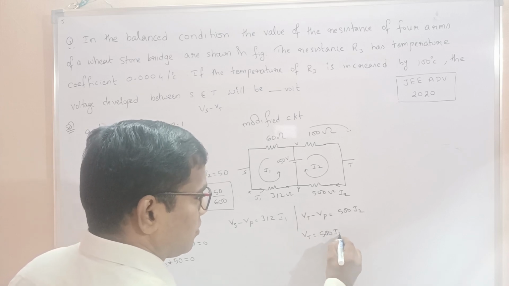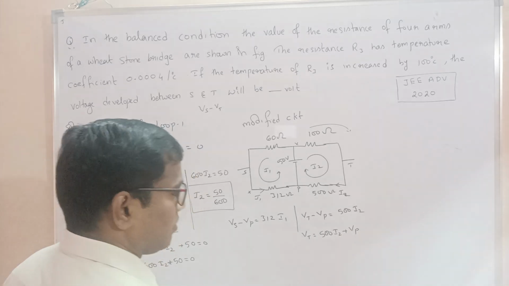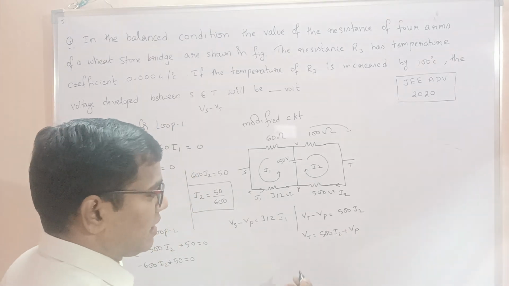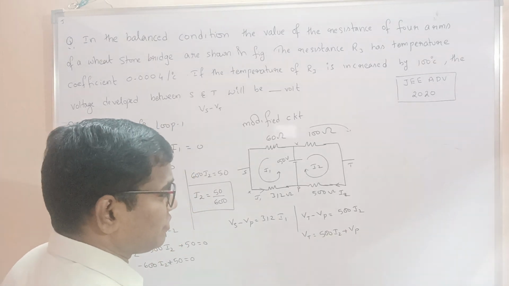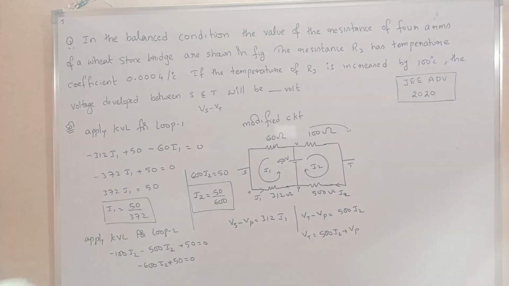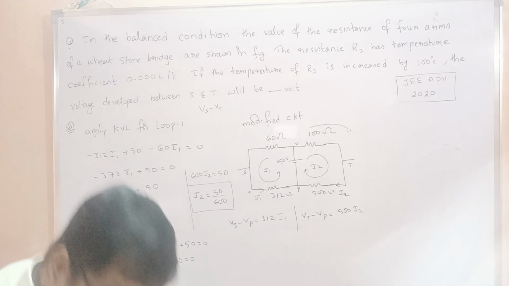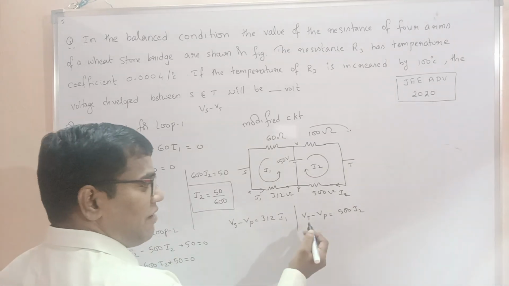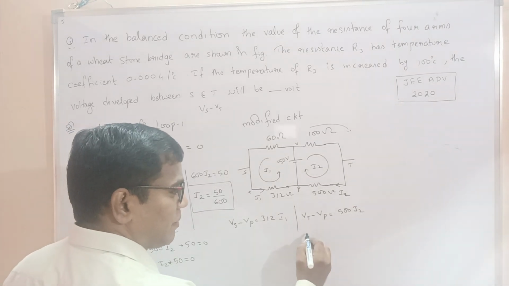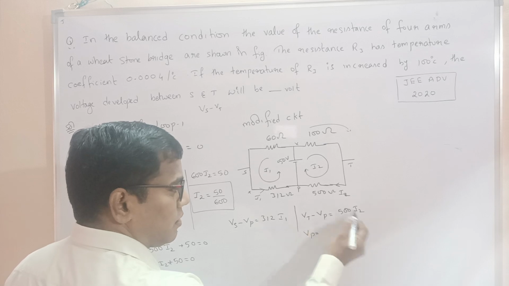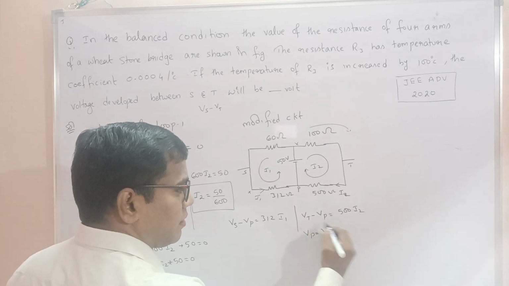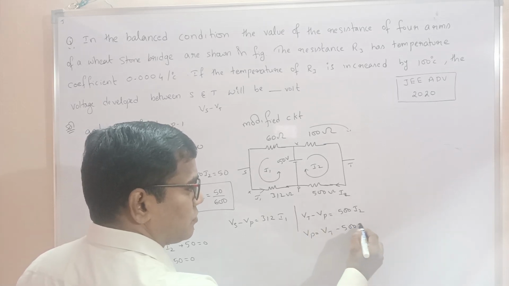So Vp can be written as Vt minus 500 I2.